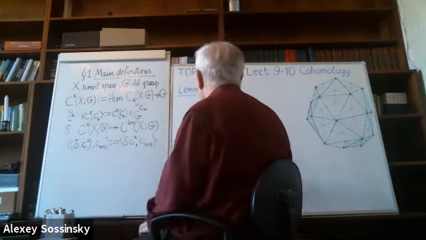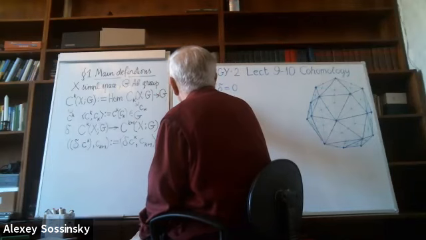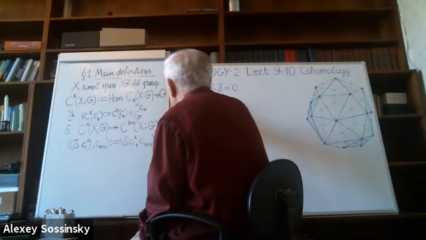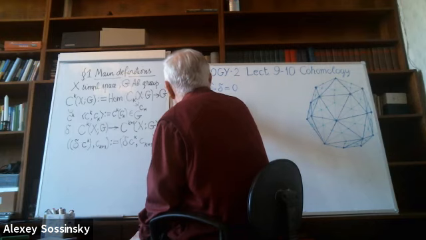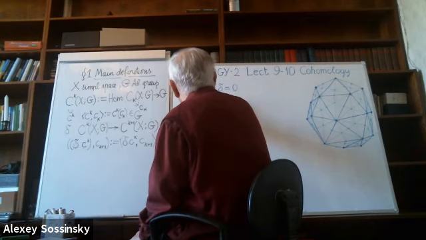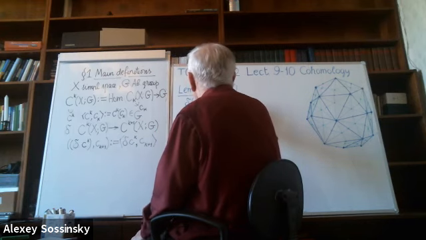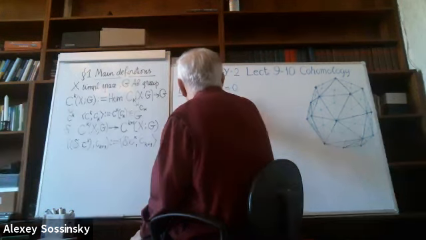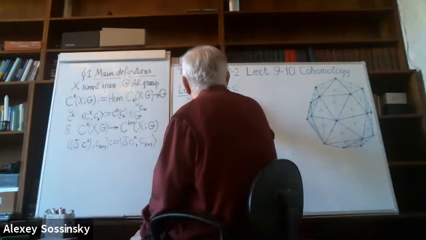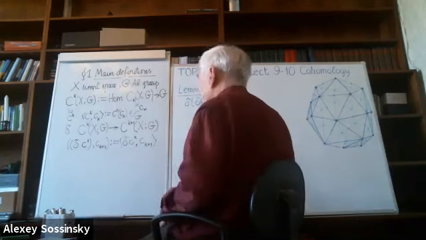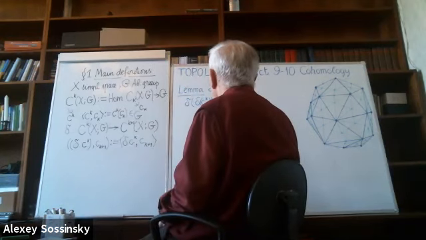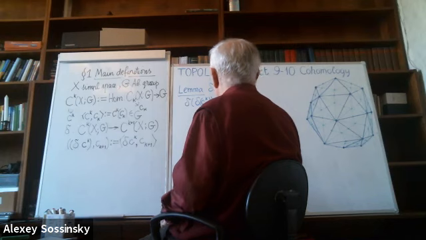So we have to prove, we take d of d c^k, and what will that be?